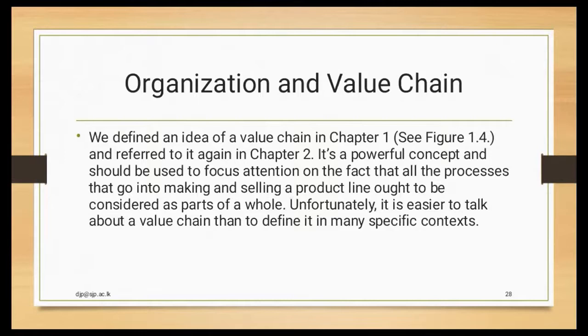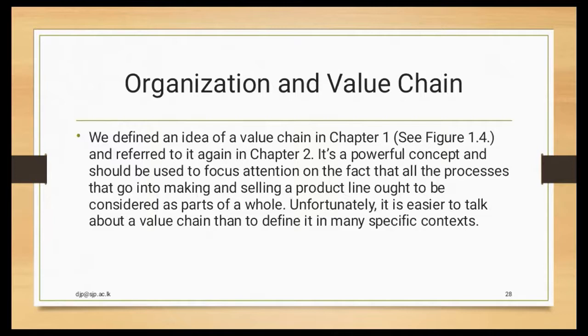We have discussed in an extensive manner in our previous lessons, chapter 1 and chapter 2, what this value chain is all about, right? So I am not going into that again.